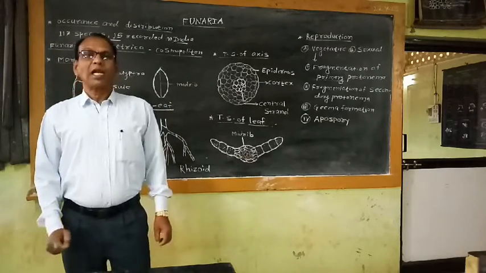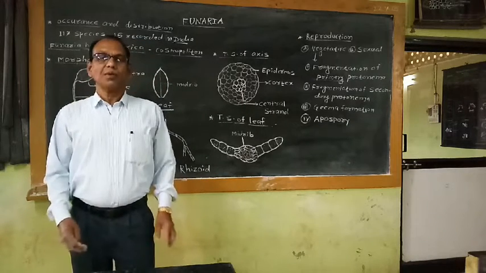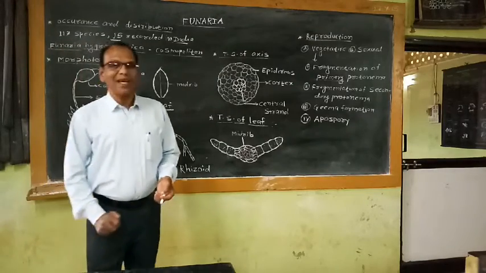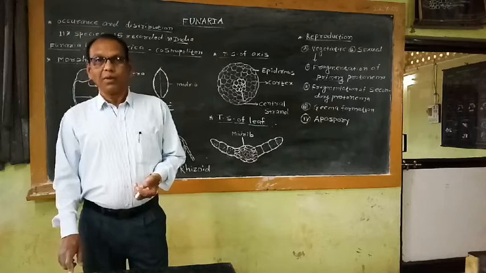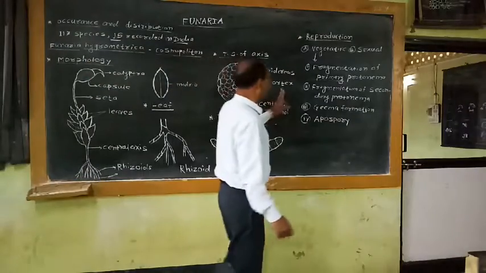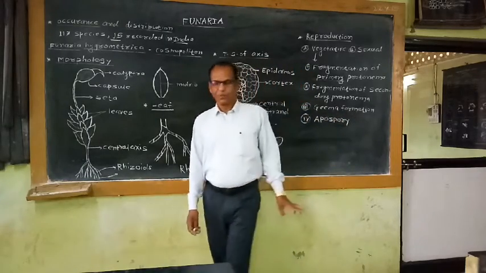Lateral buds are developed on this secondary protonema, and from these lateral buds the leafy gametophyte is developed.